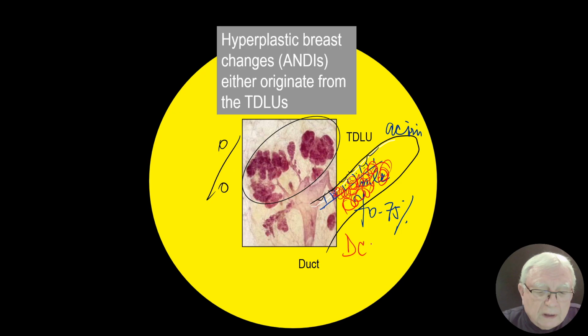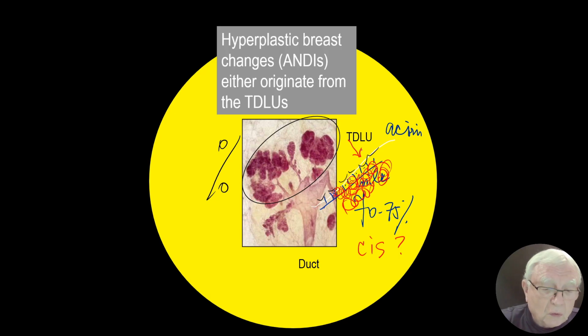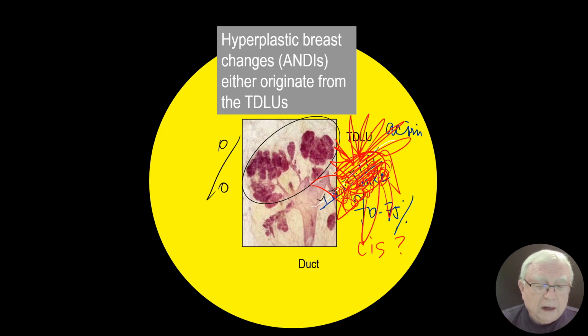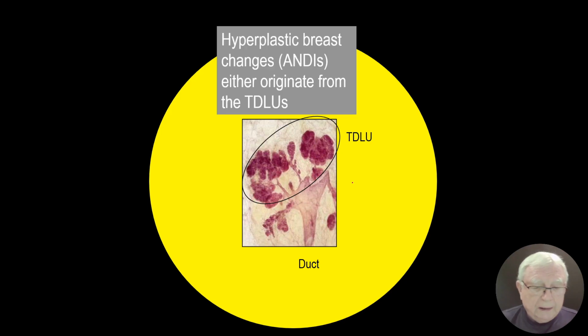Why do they call them DCIS? It's carcinoma in situ. But this is not a duct. That's an acinus, correct? And when the basement membrane is dissolved and the radiologist is going to see a stellate lesion, the colleagues, the pathologists, call it invasive ductal carcinoma.